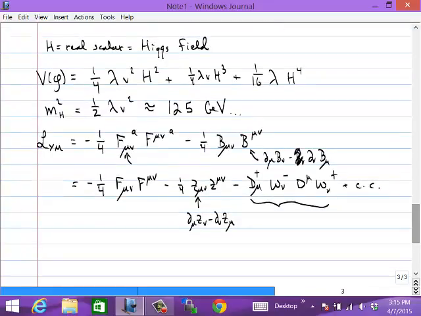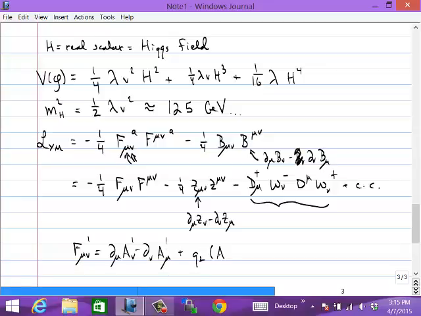is you would need to start by expanding, say, this term right here, using the fact that F mu nu 1, what is that? That's d mu A nu 1 minus d nu A mu 1 plus g2 times A mu 2 A nu 3 minus A nu 2 A mu 3.